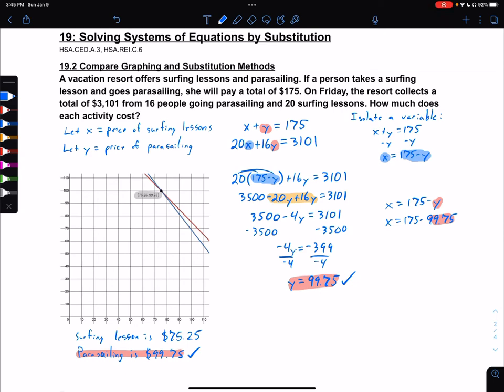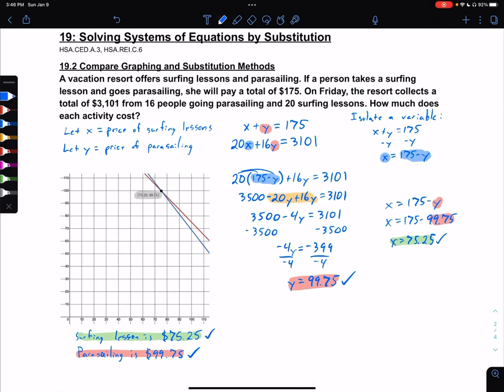Let's check that and make sure it gives us the number we're supposed to get: 75.25, which is good. So x is 75.25, which checks out. We do have the right solution.